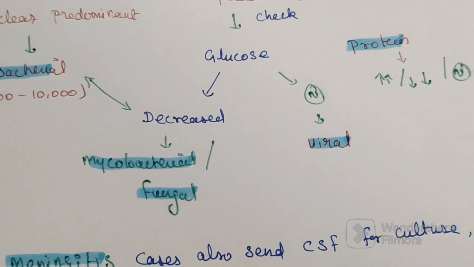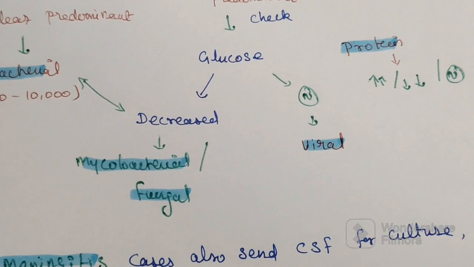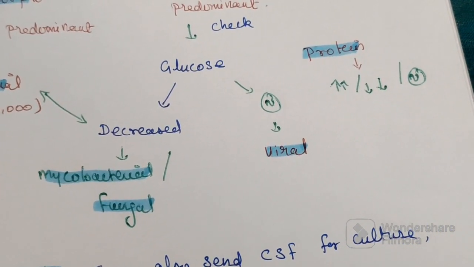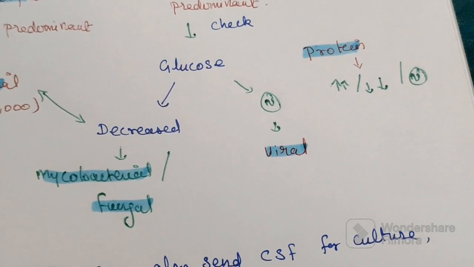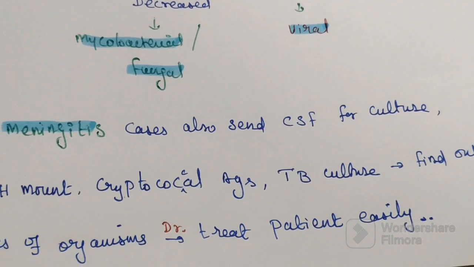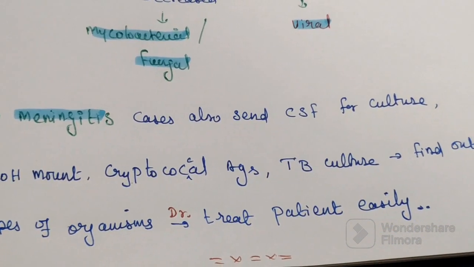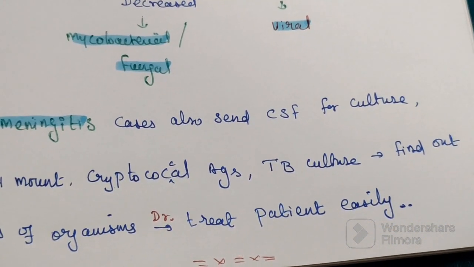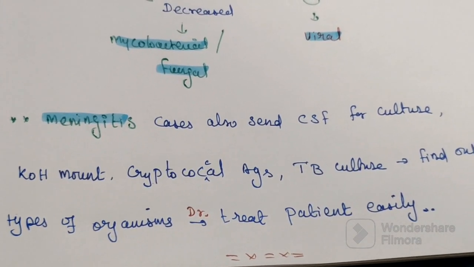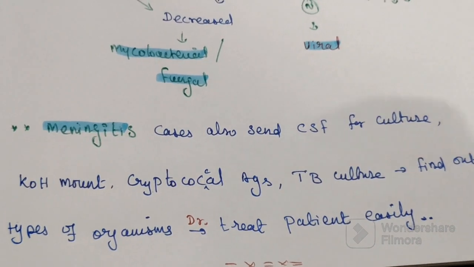Glucose decreases in the case of mycobacterium or fungus, and is normal in virus. Protein in some cases increases or is normal. In these cases we can send CSF for culture, KOH mount and this kind of test. Based on that, the doctor finds out what type of organism it is and what the treatment is.